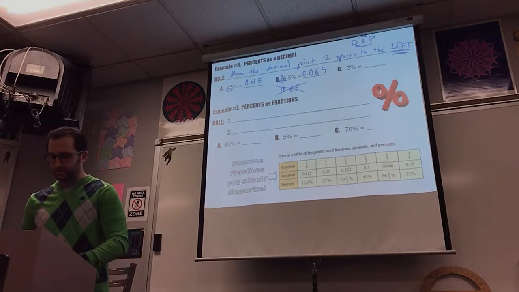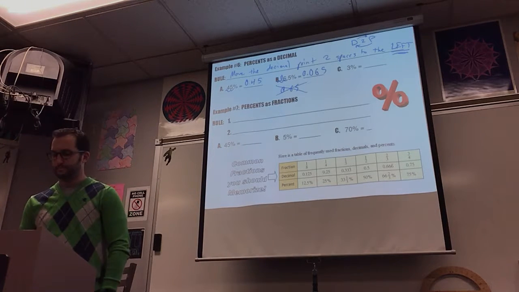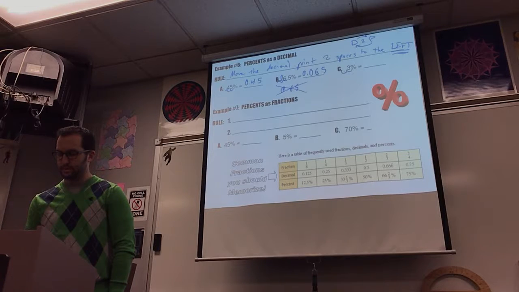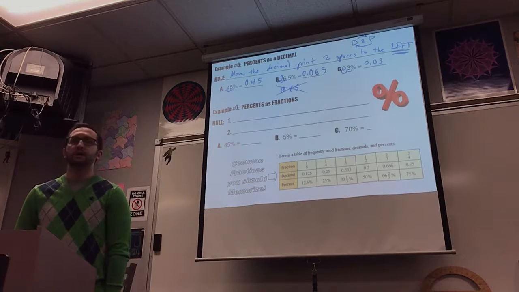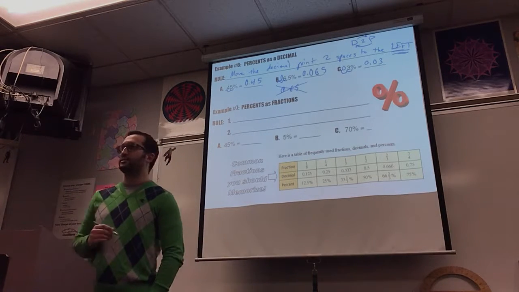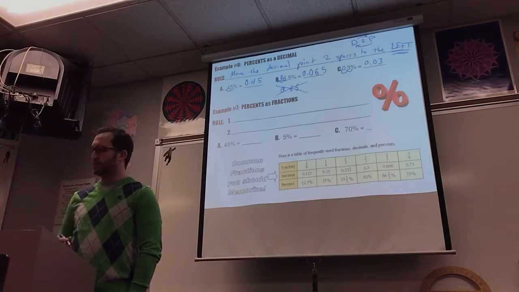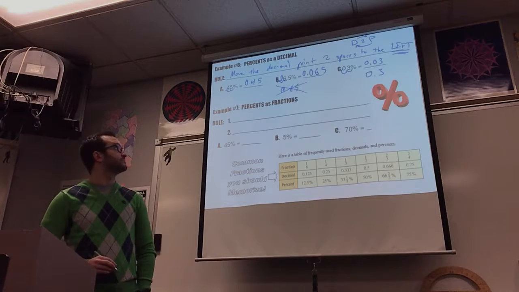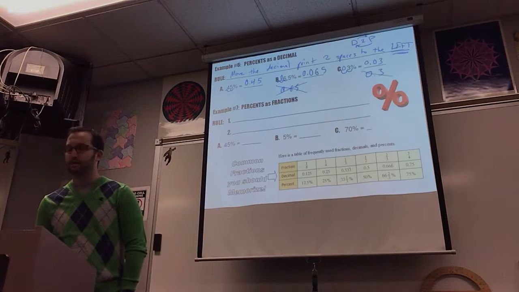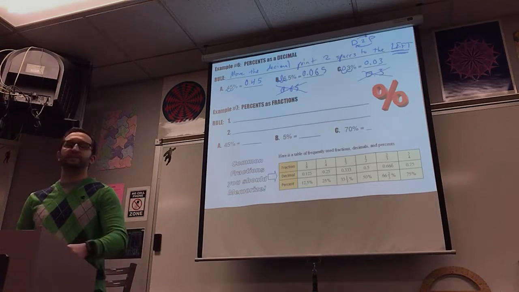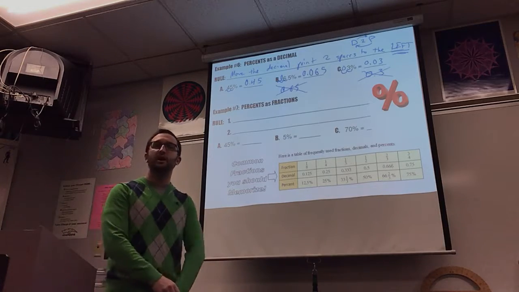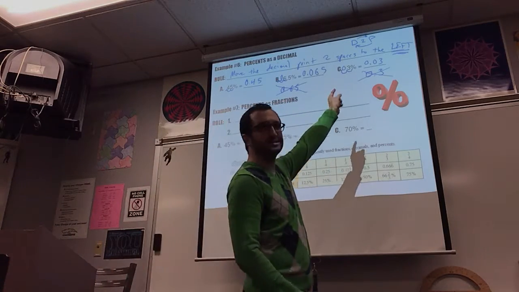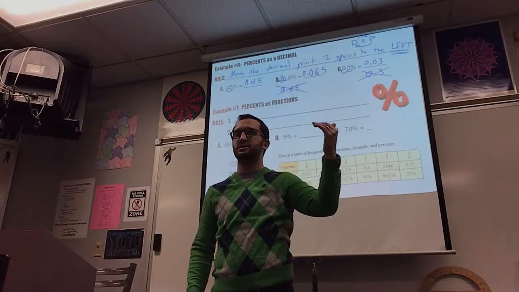All right, last one, 3%, what's that? 0.03. The biggest mistake here, I'm going to tell you right now, about a quarter of you are going to do this, because there's a 3 there. But that's not the hundredths digit. Remember the hundredths digit, you see that 0.03, that's the hundredths digit.